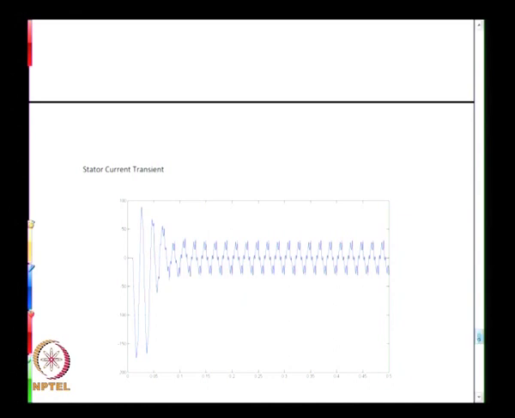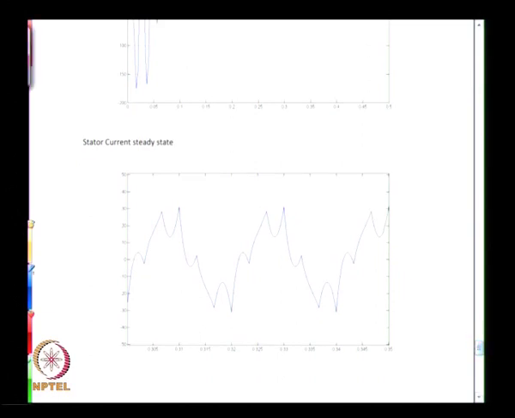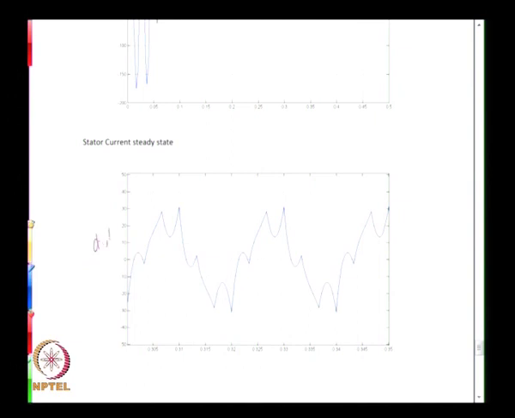So it will draw an inrush current to support the huge torque. And here we see a zoomed waveform of the stator current. This is current in ampere and time in seconds. Here we see that this waveform is clearly non-sinusoidal, and is rich in harmonics. What happens because of these harmonics? Invariably they cause a lot of heating and I squared R losses, iron losses, eddy current losses in the machine, and therefore may be detrimental.